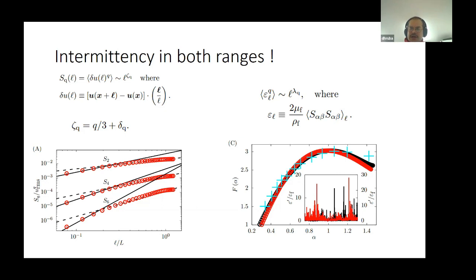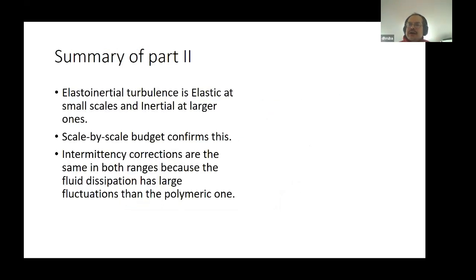So to cut a long story short, what happens here is the following. You have two fluxes, one from the polymer and one from the fluid. But at the end, you again have two dissipations. One is the fluid mode and one is the polymeric mode. The fluctuations in the fluid mode are much larger than in the polymeric mode.